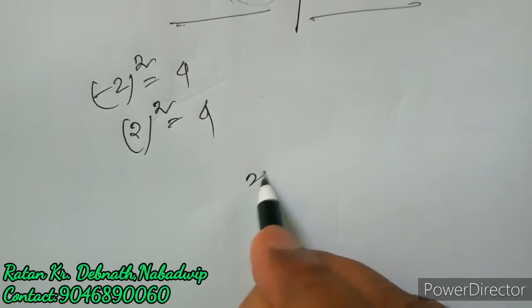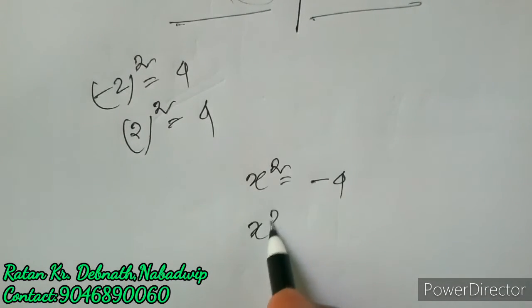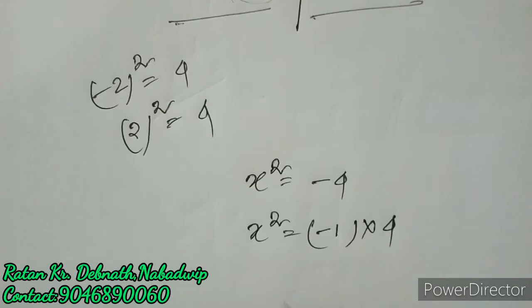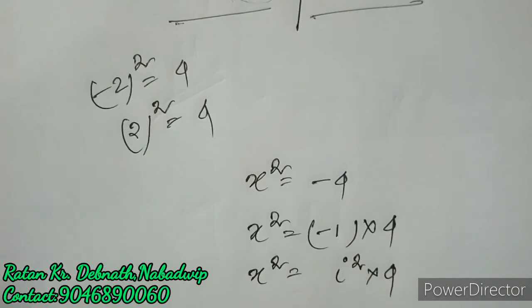Now, if x square equals minus 4 and x square equals minus 1 into 4, we can write x square equals i square into 4.